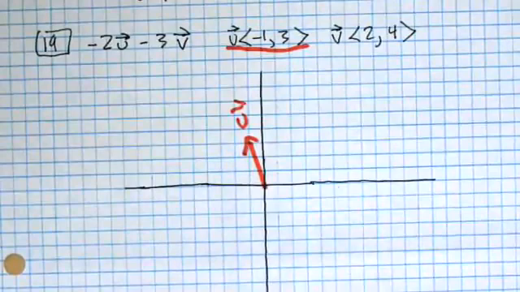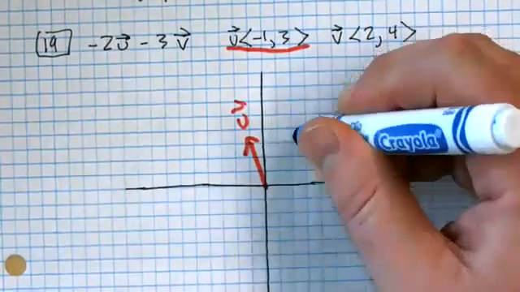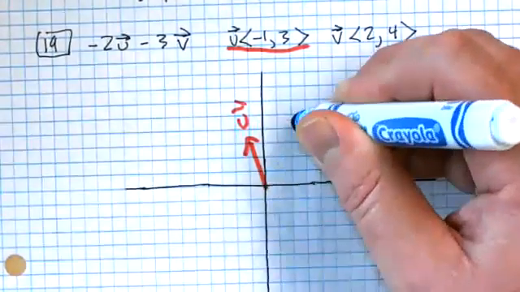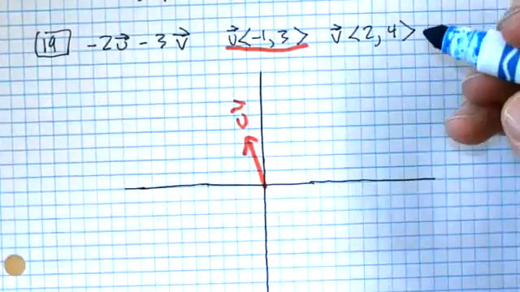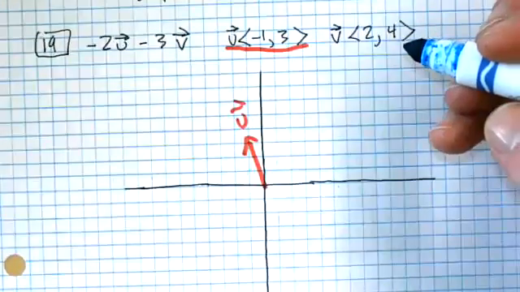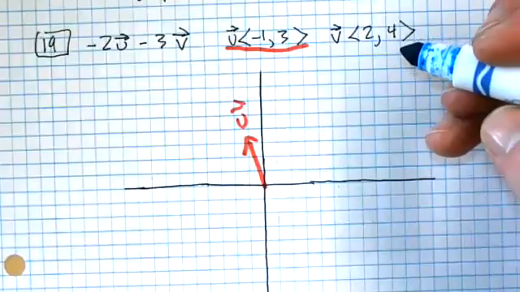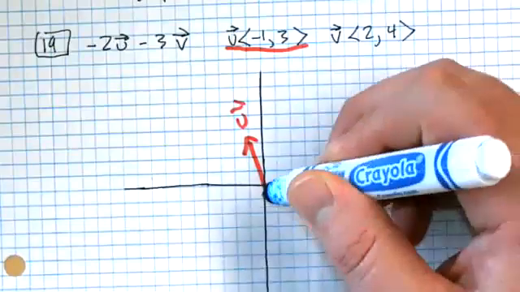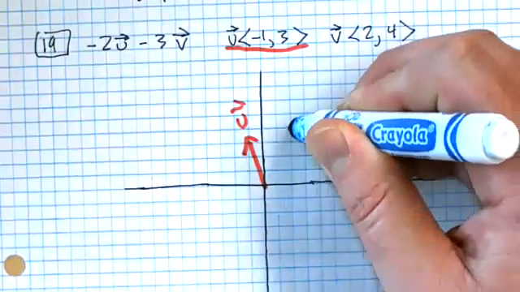And then I'm going to do v in blue. 2, 4. Oh man, I did not leave myself enough room here. Maybe we might be all right. 2, 4.